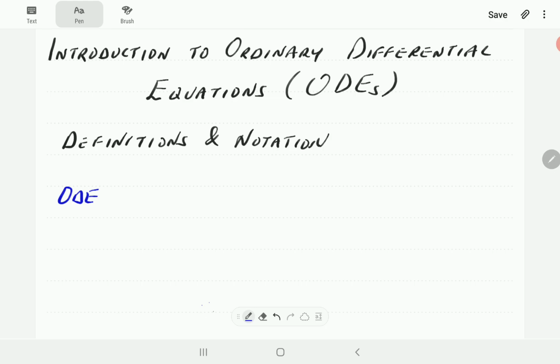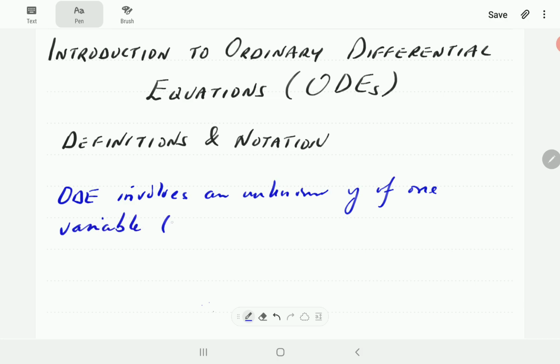An ordinary differential equation is an equation that involves an unknown function, for instance y, and this unknown function is a function of one variable, which is your independent variable, could be x for instance.